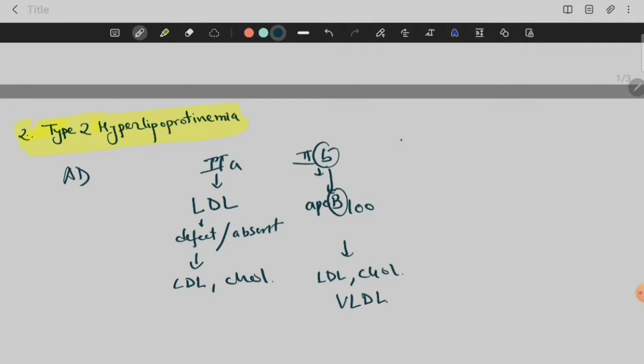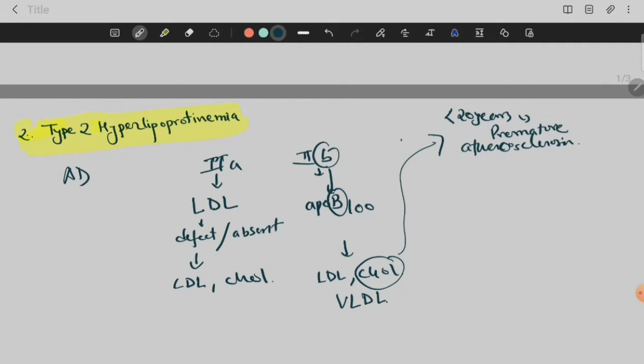Okay, as cholesterol increases, you know it eventually leads to atherosclerosis, but here it will be at an age of less than 20 years, meaning there is premature atherosclerosis here.